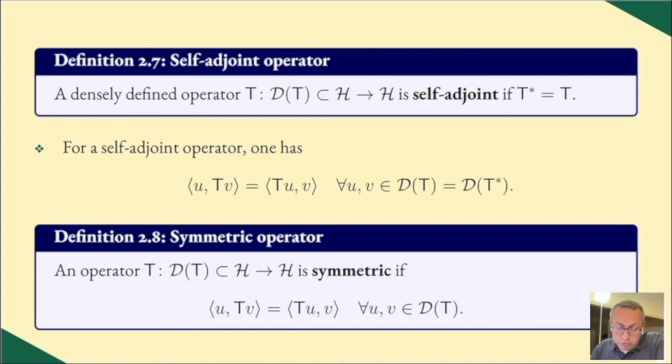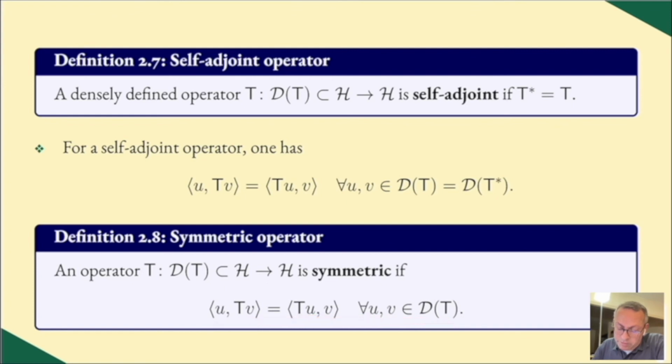Another notion, for which you don't need the operator to be densely defined because the definition doesn't refer to the adjoint, is the notion of symmetric operator. It's any operator which satisfies this condition here.